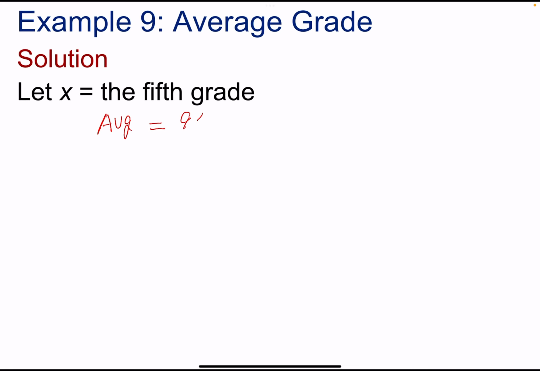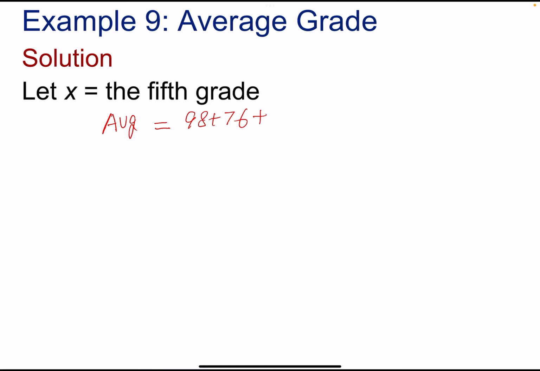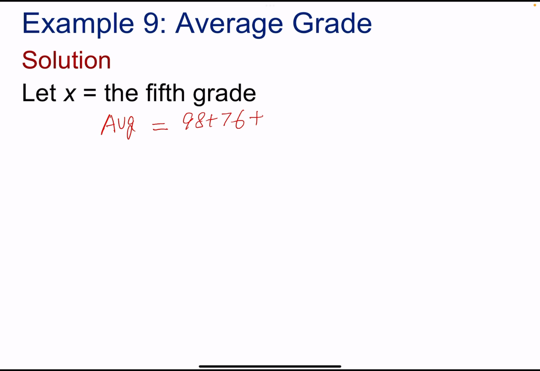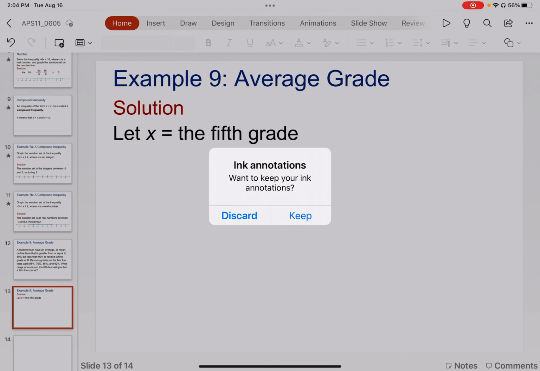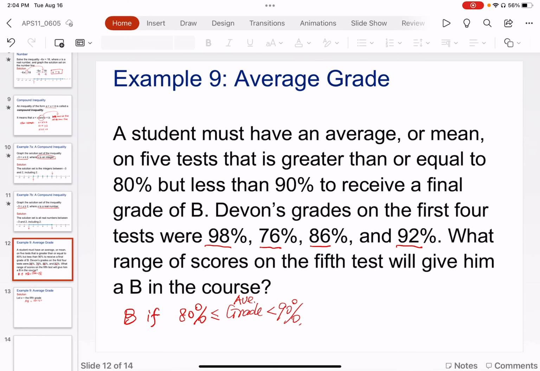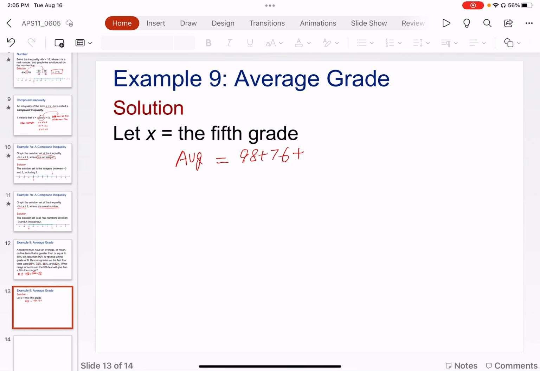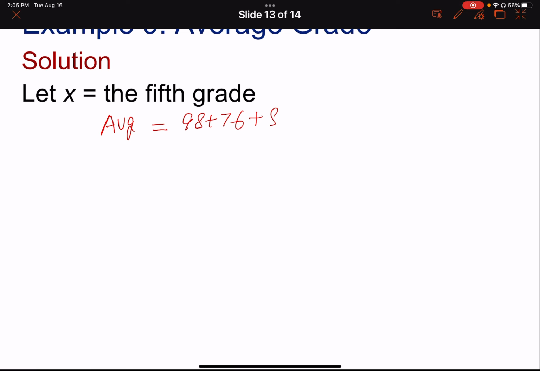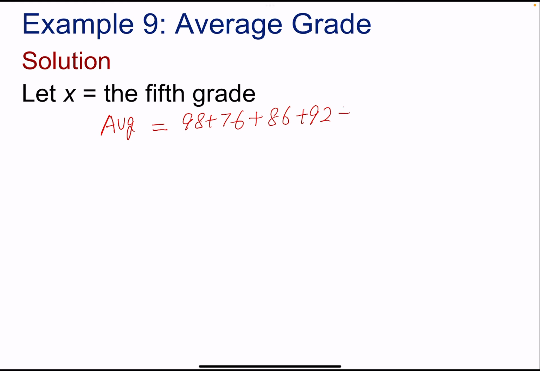The second one is 76 plus 86 plus 92. And then the fifth, we assume the grade on the fifth test is x. So the average is just divided by 5, right?